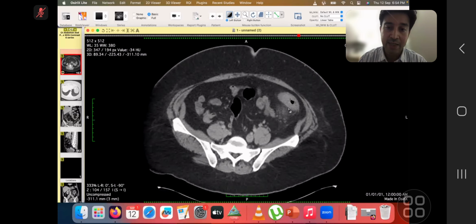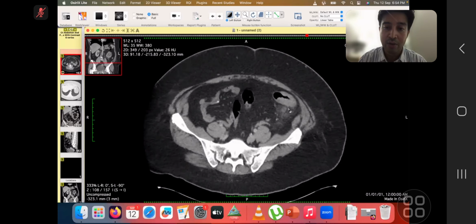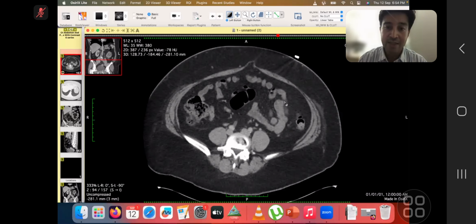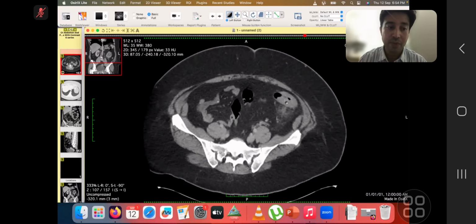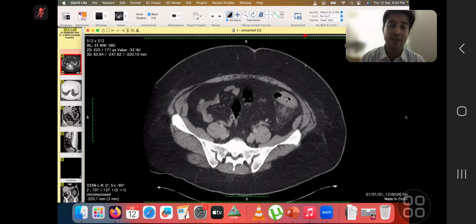This is fat stranding surrounding the descending colon, which is inflammatory, and also the patient has some diverticular disease. But what you see here is a diffuse, dense, soft tissue area, which is within the descending colon, and it's circumferentially thickening the descending colon.